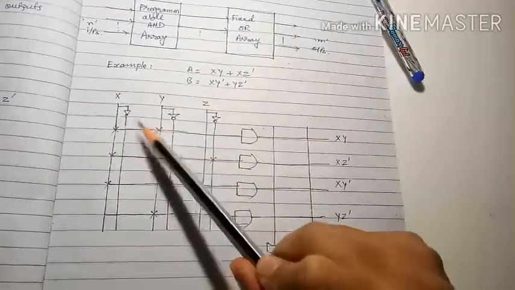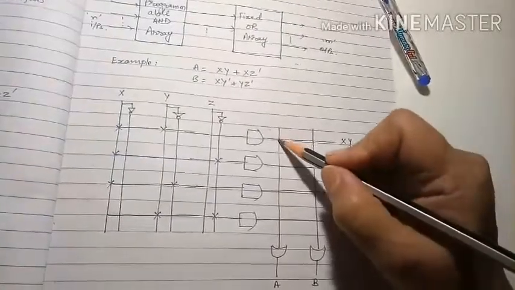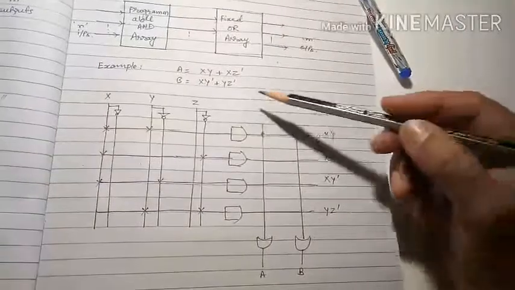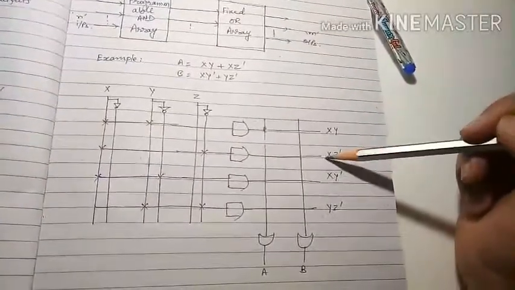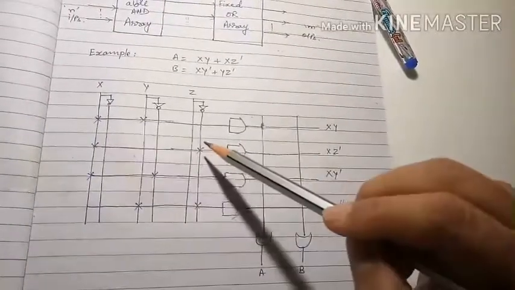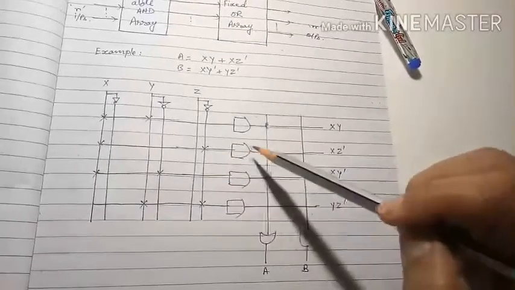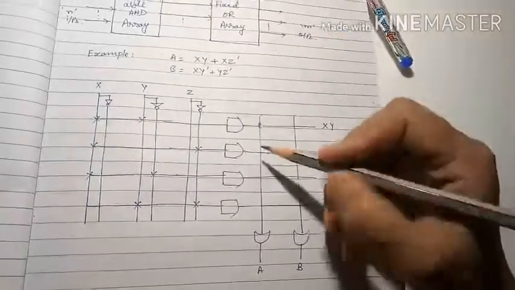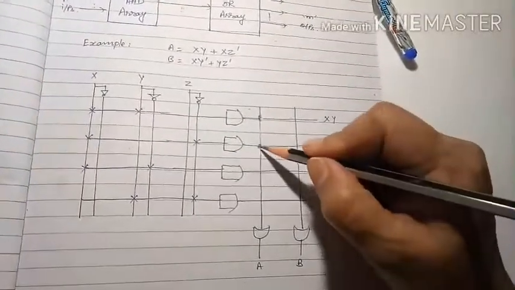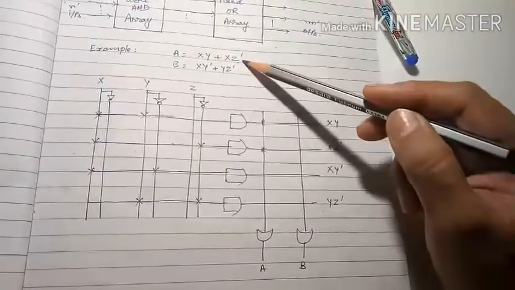Here x and y are masked, so we need xy, so we will make a dot here. Then the second term is xz dash. For xz dash, masking is done at x and z complement. So this is xz dash. So we require masking of this row and column. So our A Boolean function is obtained.